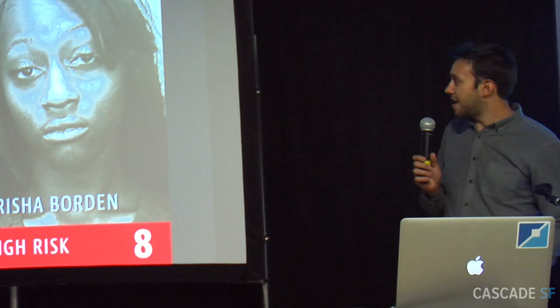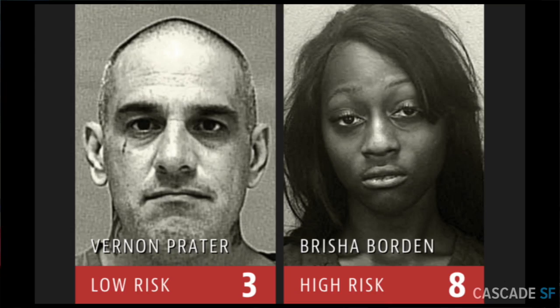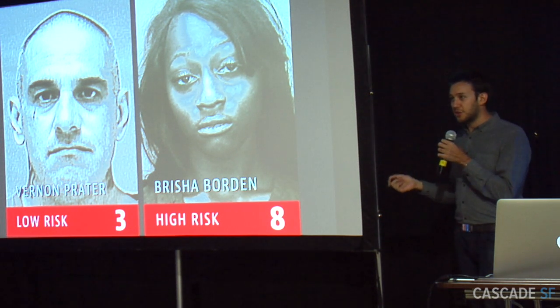There's this example of Vernon Prater, who was a low-risk. Vernon shoplifted some goods from a Lowe's or something like that, I don't know. He stole about $86 worth of goods from a shop. And Brisha Borden and her friends briefly, for less than a minute, stole a child's bike and a scooter.